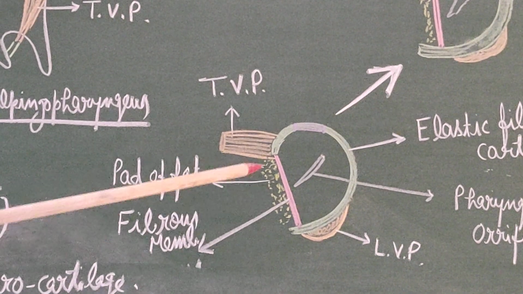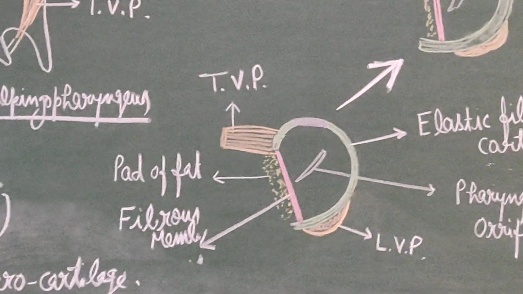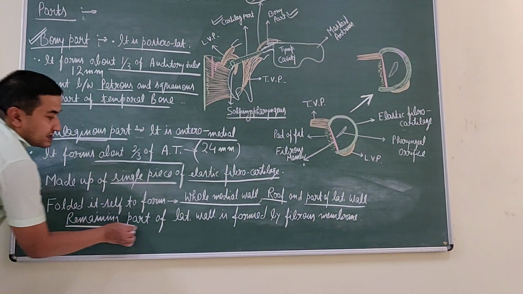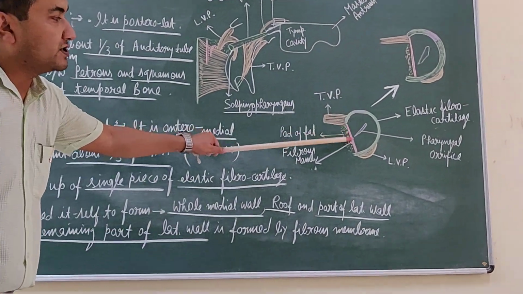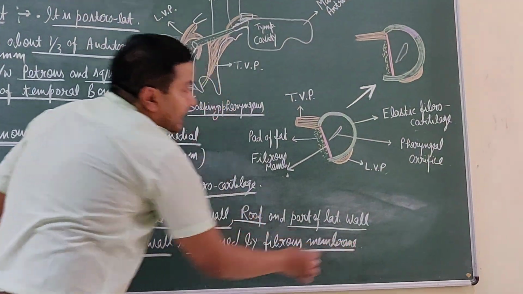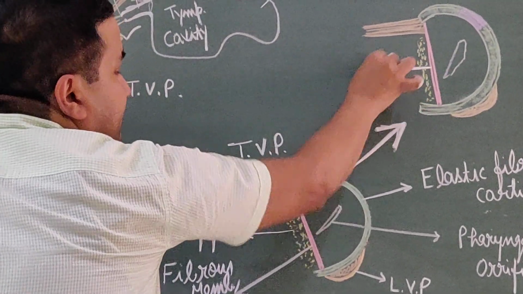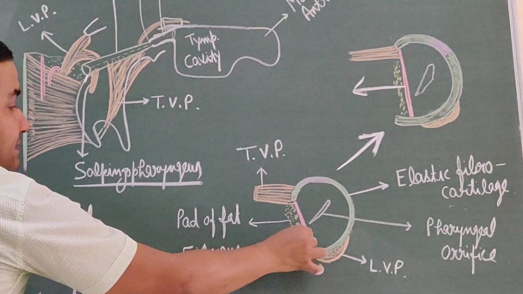And it is deficient laterally. So, the remaining part of the lateral wall, this red line, is formed by the fibrous membrane. This is the fibrous membrane.